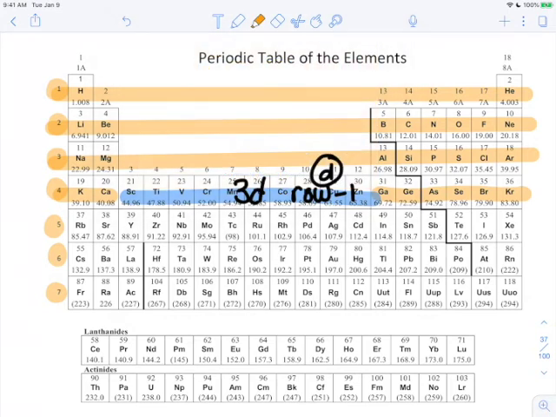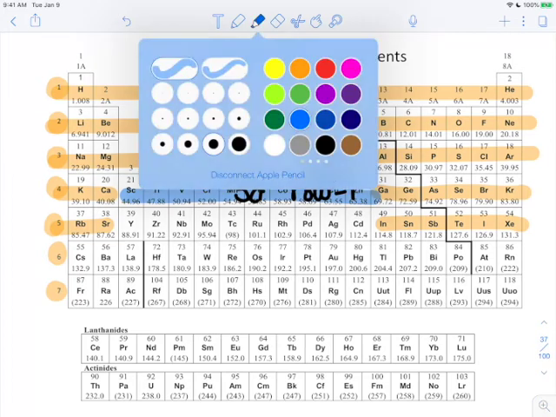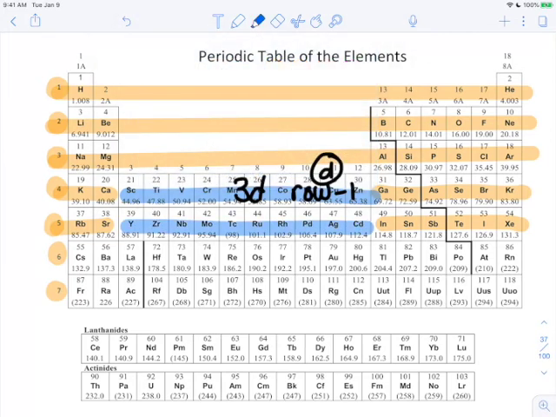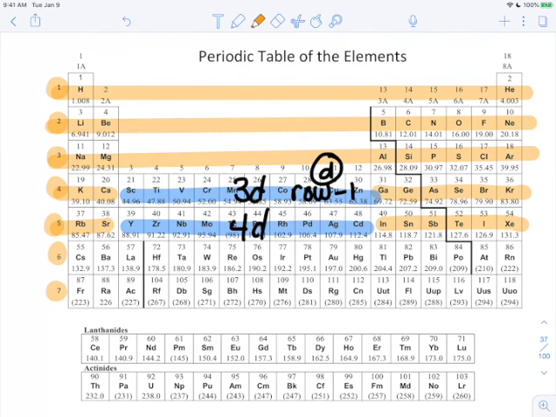So same thing happens for the 5th row. So it is the 5th energy level here for the S's and the P's. But when you're in the D's, it drops 1, and it becomes the 4 D's. Same thing for the 6's, so 6S.